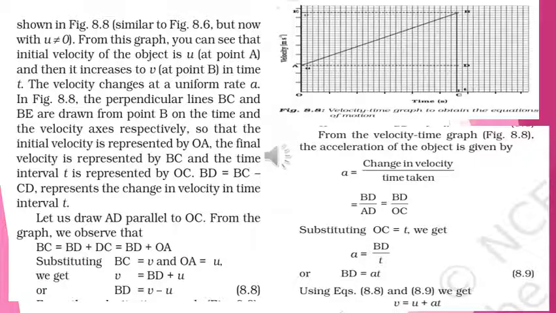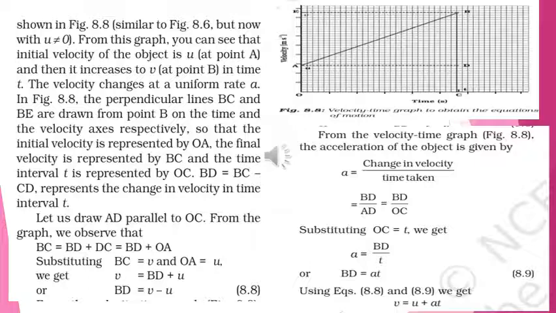So from the graph we can observe BC is equal to BD plus DC equals BD plus OA, because OA and DC are nothing but the same height. You can see the rectangle is there and therefore opposite sides are equal, so AO equals DC.